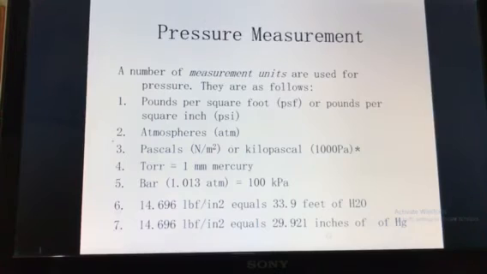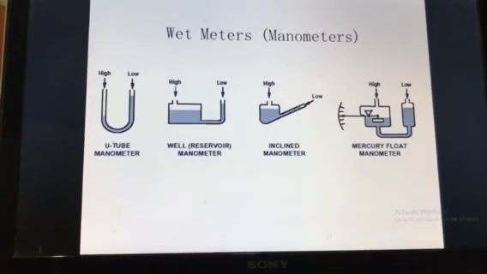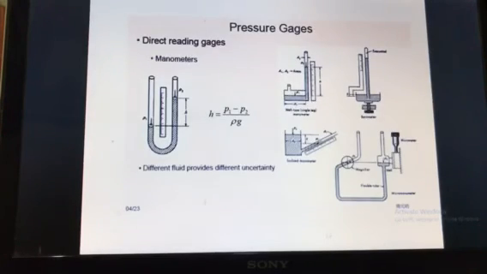Then these are the various types of pressure measurement devices. First one is U-tube manometer, second one is reservoir manometer, third one is inclined manometer, and this is mercury float manometer. We have studied all these instruments in our practical setup. First one is manometer, second is reservoir manometer, third is inclined U-tube manometer, and we have also studied the differential U-tube manometer.